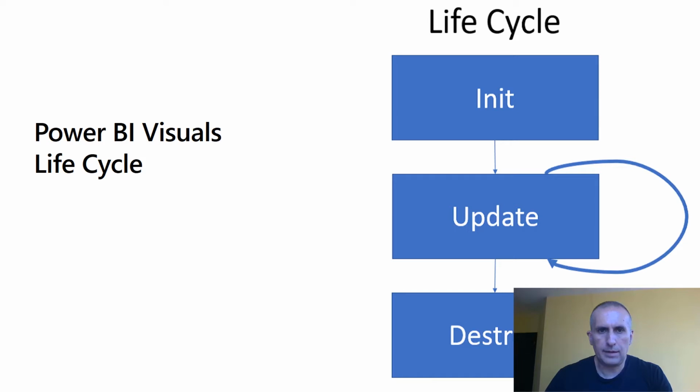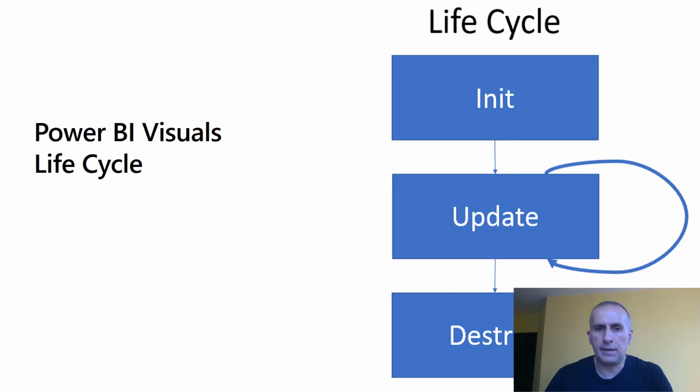Let's now see the life cycle of Power BI visuals. We have init, where we initialize the component and its parts, and after that we have update many times during the life cycle, where the component state is changed based on different events.